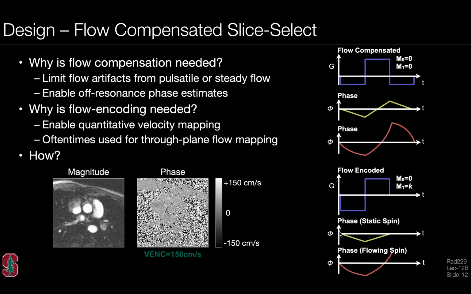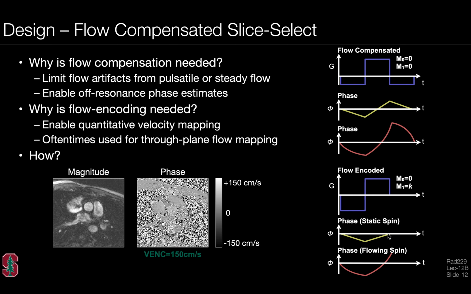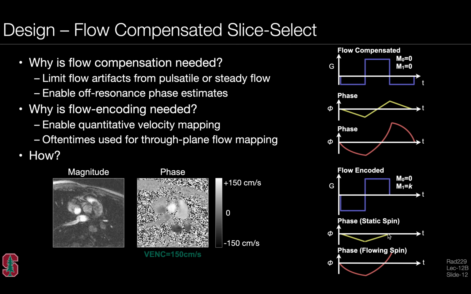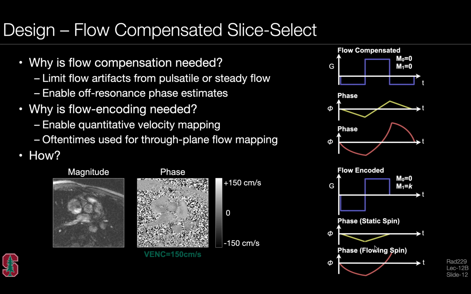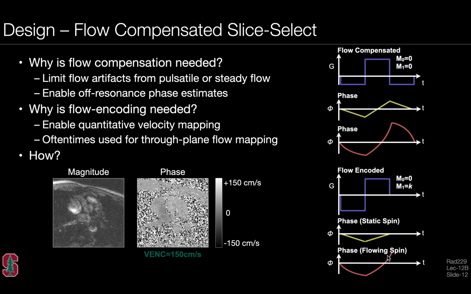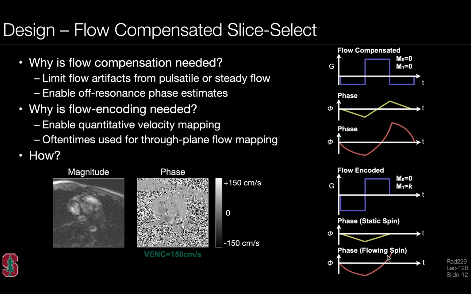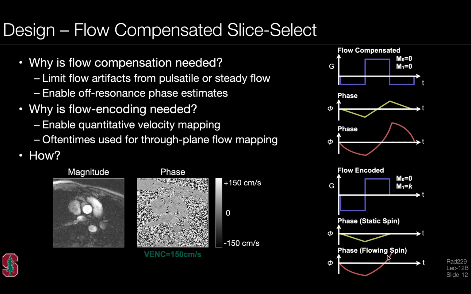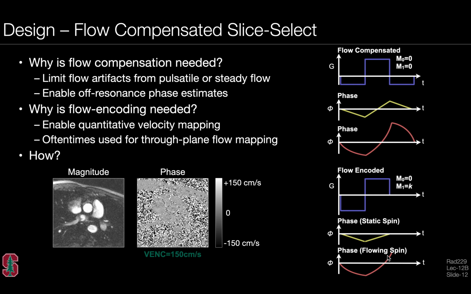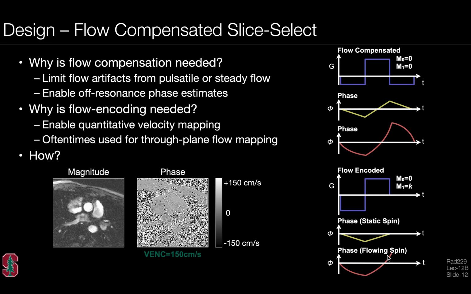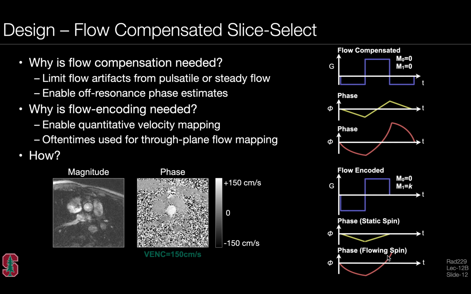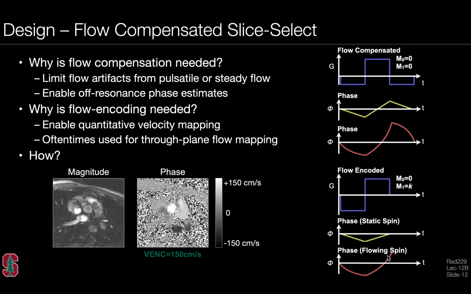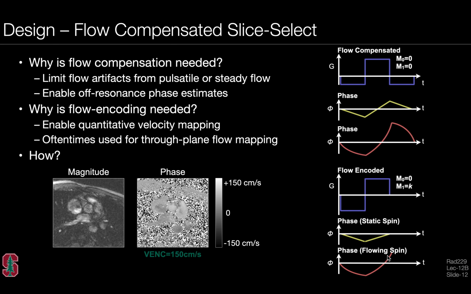And the consequence would be that a static spin would accrue phase and then give it back, such that there was no net phase stored, but a flowing spin would in fact accumulate some phase during the application of this bipolar flow encoding gradient, and do so in a way that was linearly proportional to the first moment. So the bottom line is that we can control the first moment of the slice select gradient and thereby control phase sensitivity to flow and make it flow sensitive or flow insensitive.